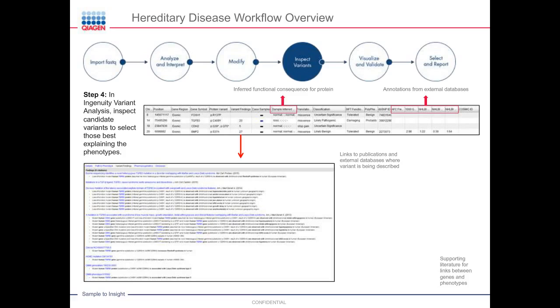But you should also look at the publications or external literature information for each of the variants. For example, you get information if the variant was identified before in any of the databases or described in the literature.